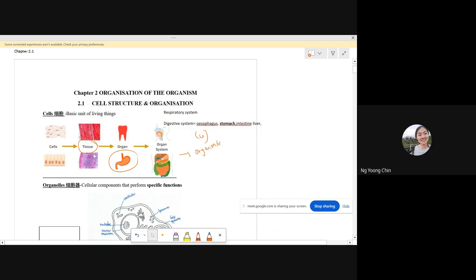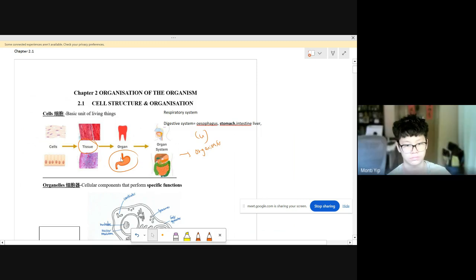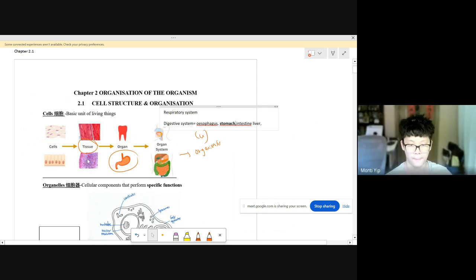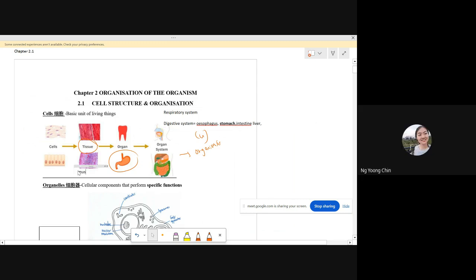A lot of tissue, when they combine, will become the stomach, which is the organ. In the stomach, what kind of tissue do they have? They have a lot of muscle tissue, correct? A lot of muscle tissue will make up the stomach.